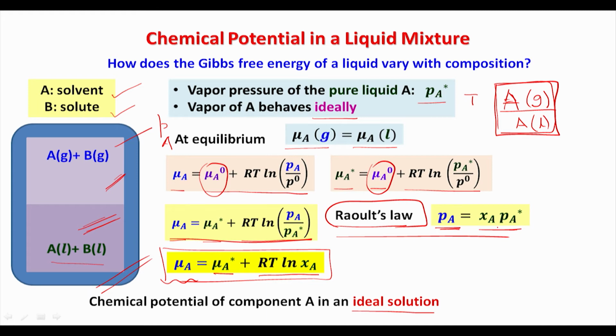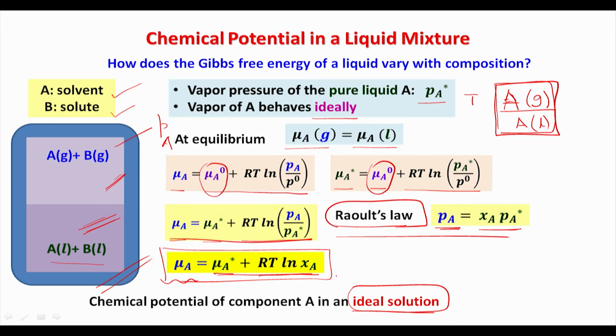And here we are saying that in an ideal solution, the chemical potential of A in the vapor phase must be equal to mu A star plus RT ln XA. And this is also taken to be a definition of an ideal solution.